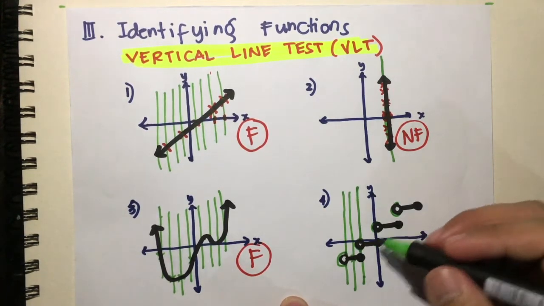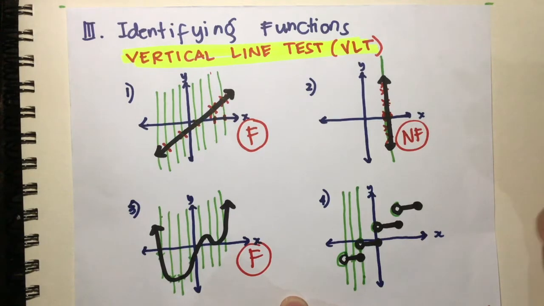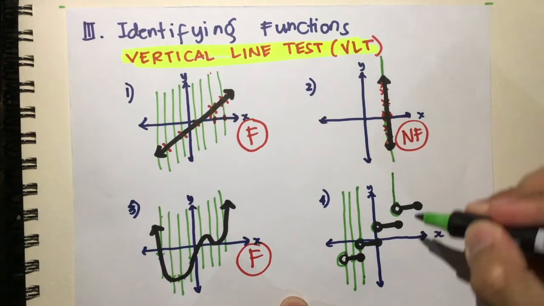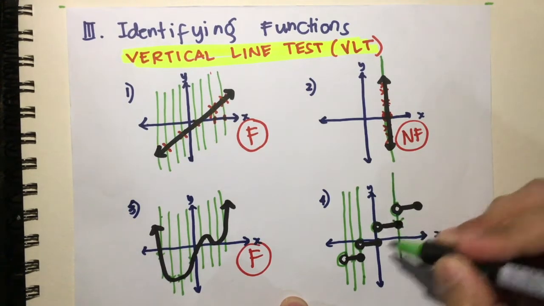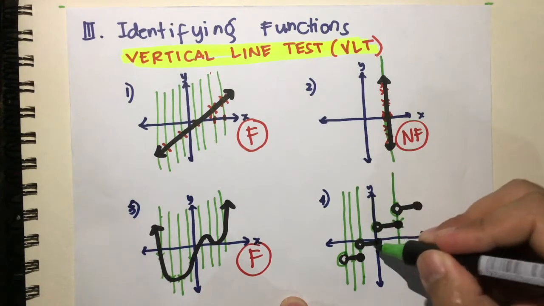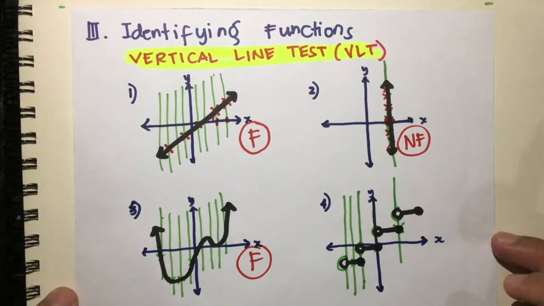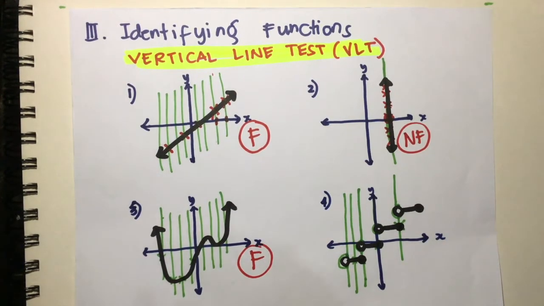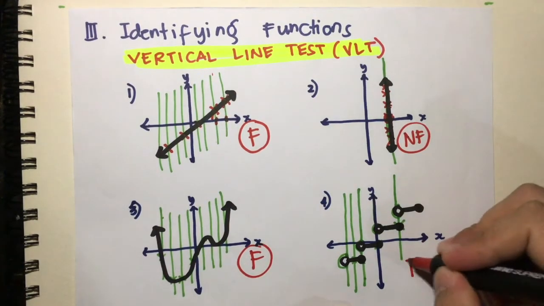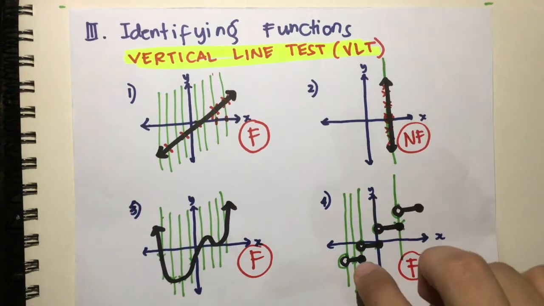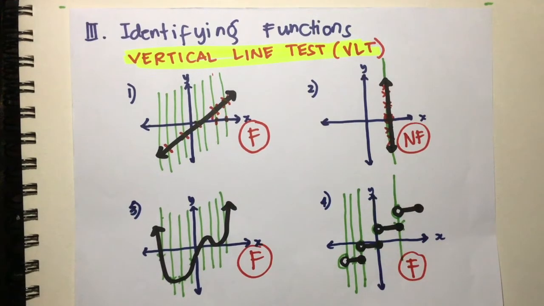That means you will not intersect that one because it's a hole. When you draw a line here, you can only hit exactly 1 point on the graph wherever you draw the vertical line. So in this case, this is a function. And by the way, we call this a step function, and you will learn that in your higher math.